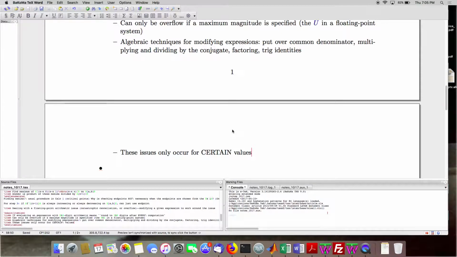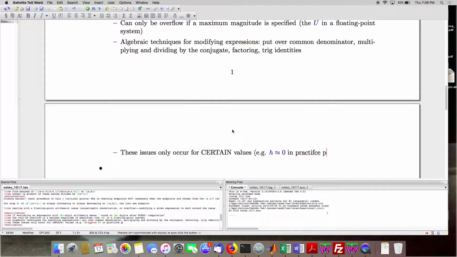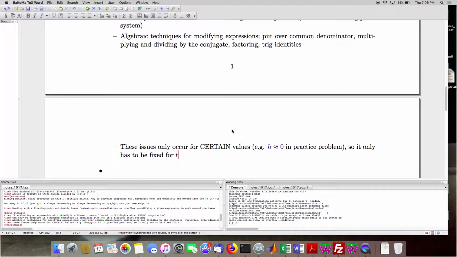So for example, in the practice problem, the given expression only had a cancellation issue when h is near 0. So it only has to be fixed for that case. So you're just focusing on that.